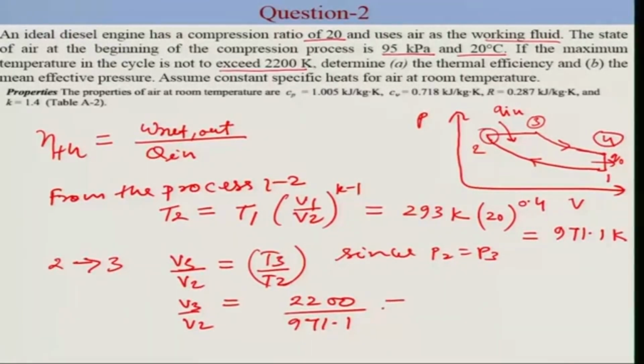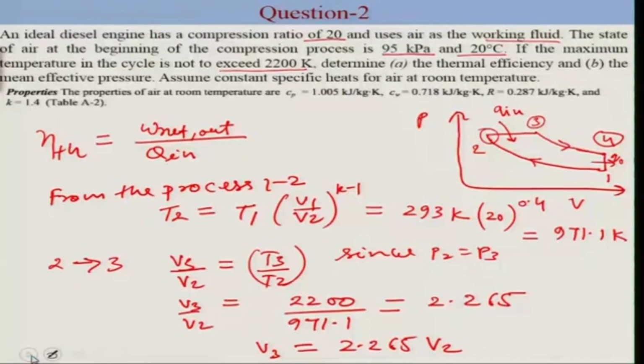So this gives 2.265. Okay. So now from here we can get V3 in terms of V2, which is 2.265 times V2. We will make use of this in the next process.